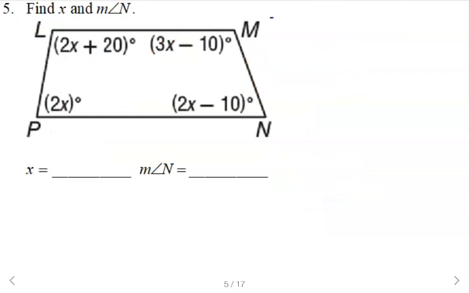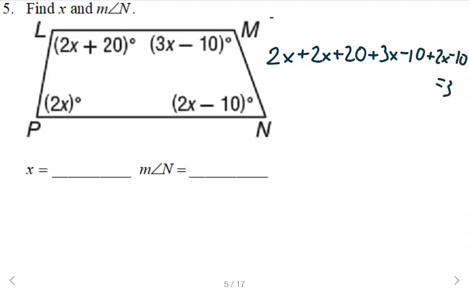The angles in a quadrilateral add up to 360. If you forget that, you can split it up into two triangles, and we'll see 2 times 180, 360 for the sum of those. So for this particular problem, we have 2x plus 2x plus 20 plus 3x minus 10 plus 2x minus 10.